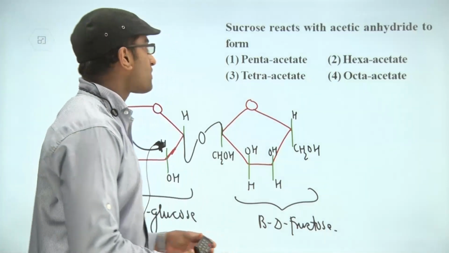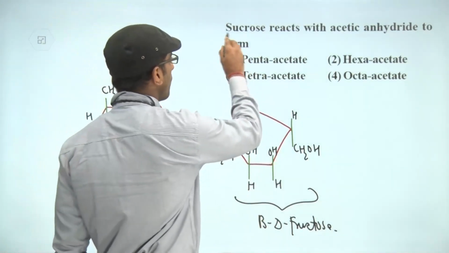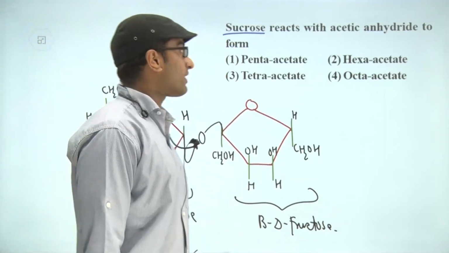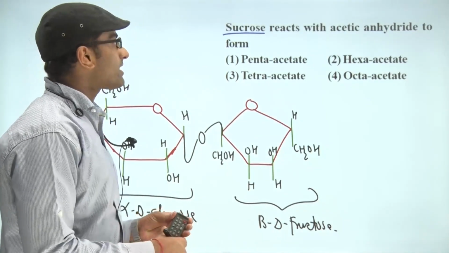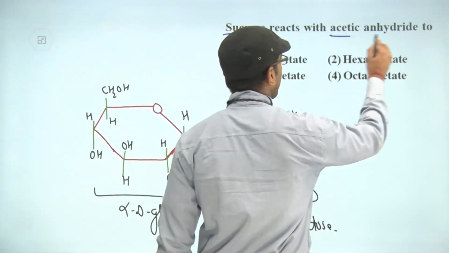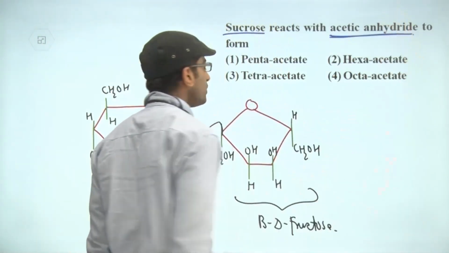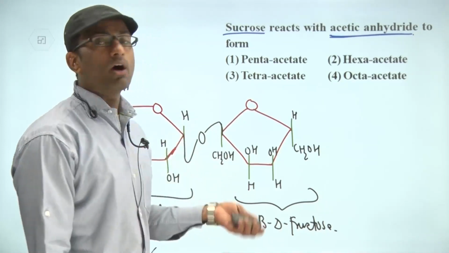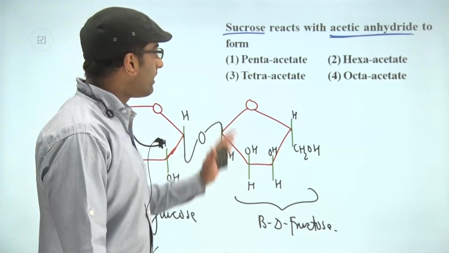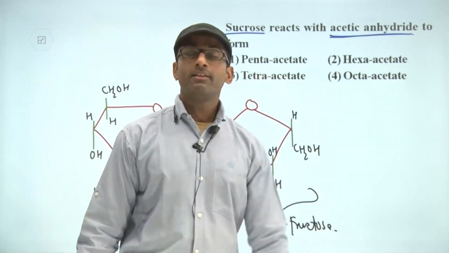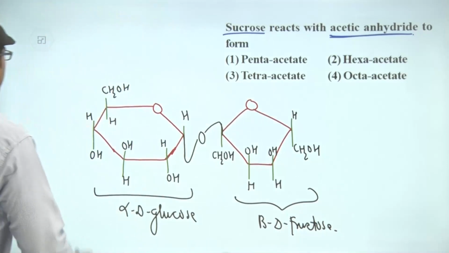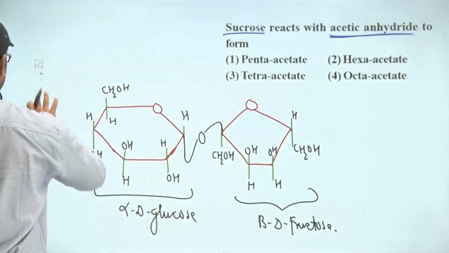Hello students, this question is asking that sucrose, a disaccharide made of glucose and fructose, reacts with acetic anhydride to form. So whenever we are treating any sugar, any carbohydrate with acetic anhydride, there will be formation of ester. So how can we write the reaction? Have a look.